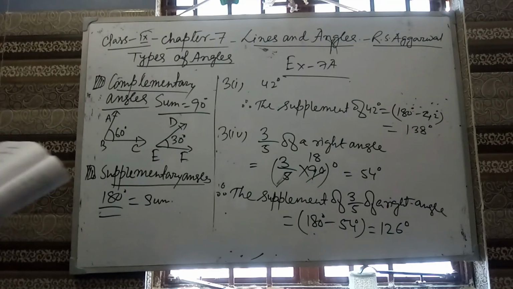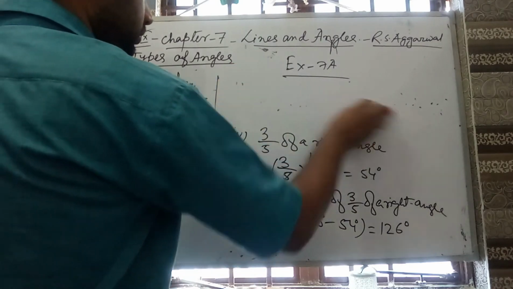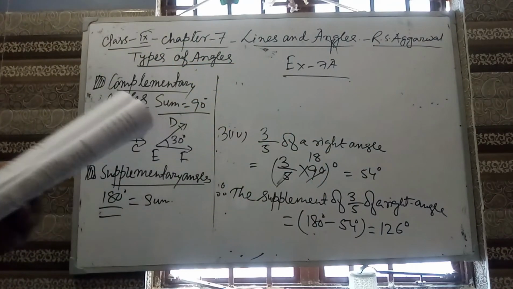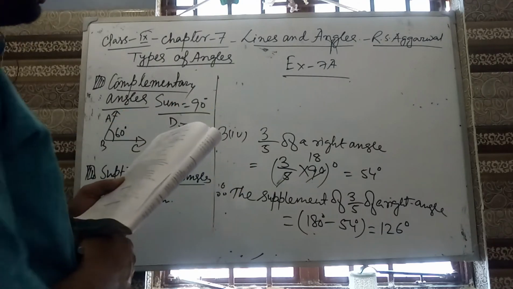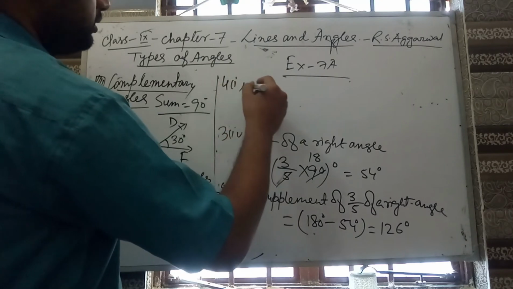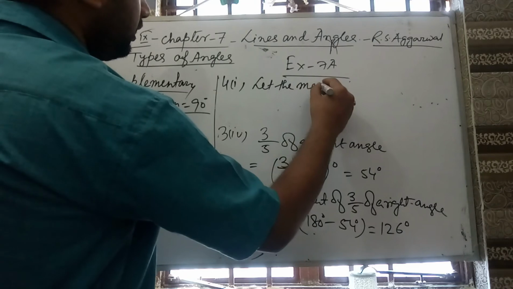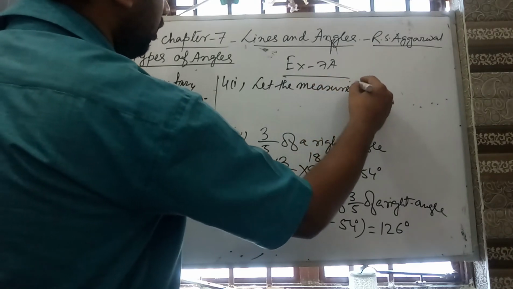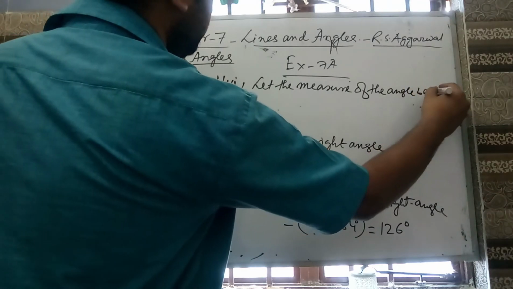So in question number 4 Roman 1, first of all, let us consider the angle to be x degree. Write down, let the measure of the angle be x degree.